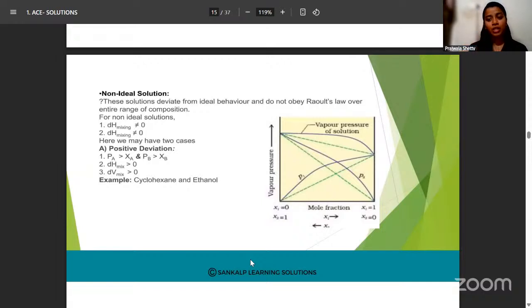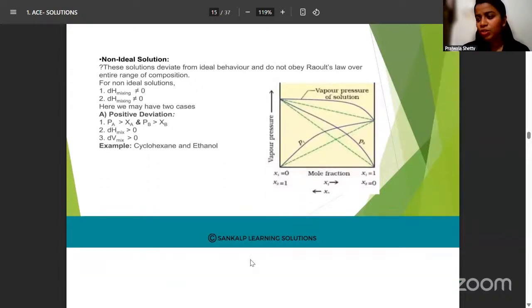These three are properties of non-ideal solution. In your exams, they'll ask you to give the difference between ideal and non-ideal solutions, so you should write these four points. The last point will be examples of them.